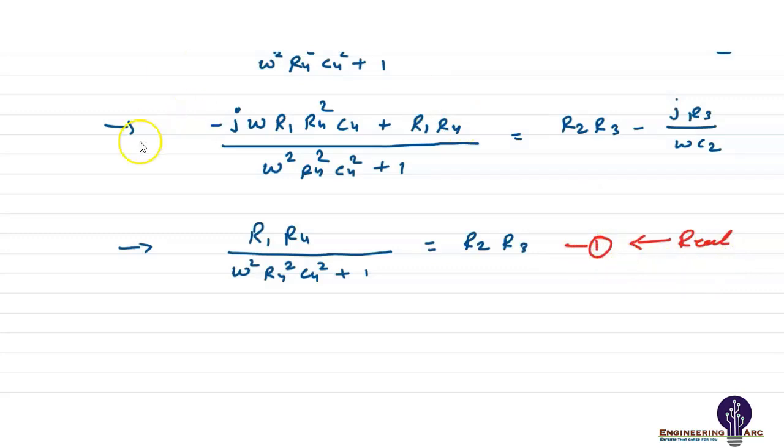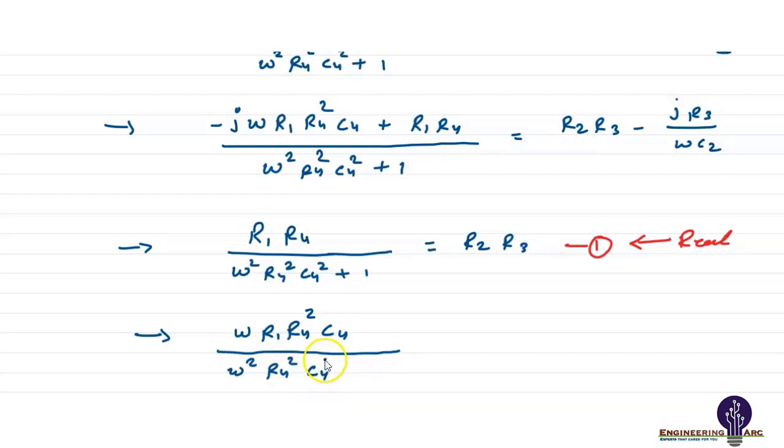And for the imaginary component, the j omega term: omega R1 R4 square C4 upon omega square R4 square C4 square plus 1 equals R3 upon omega C2. It is our imaginary component, equation number two.